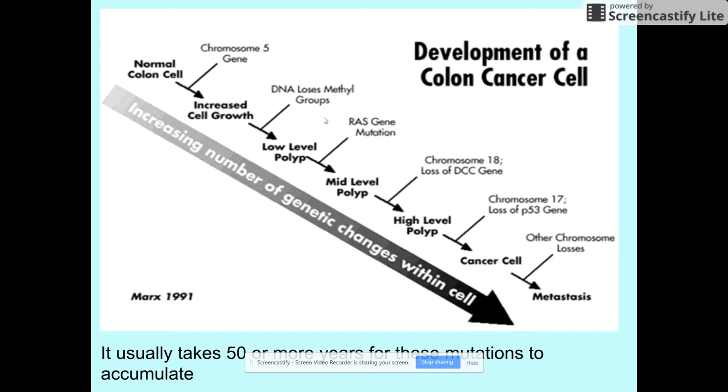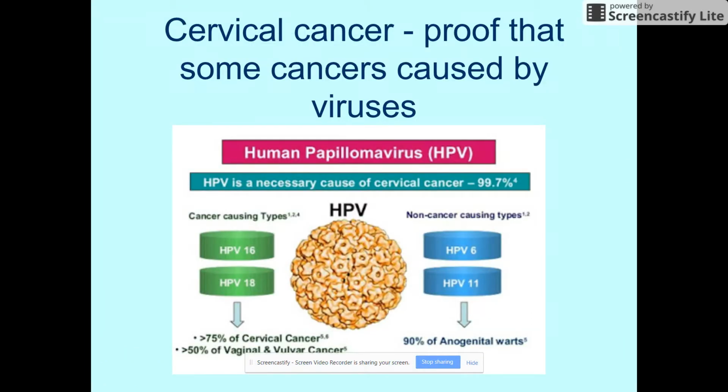So it can be demethylated, it can have a mutation in the RAS gene, which we talked about earlier. It's a growth factor. We can have the loss of the P53 gene that would finally allow that cell to become cancerous. So colon cancer is one of those cancers that can develop those mutations over time before it becomes an actual dangerous cancer. That, of course, can be passed on to multiple generations, unfortunately.